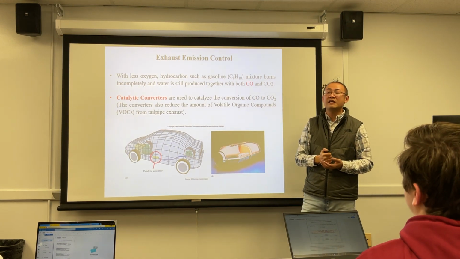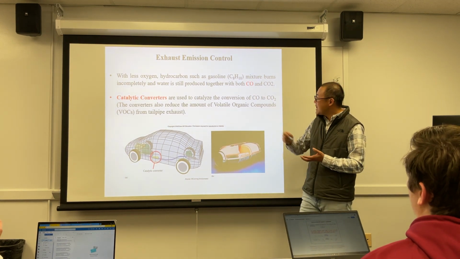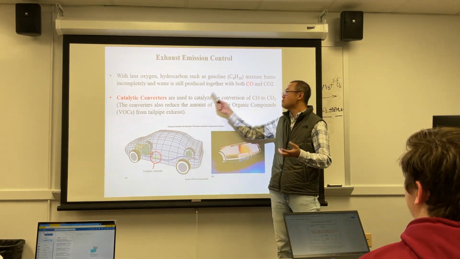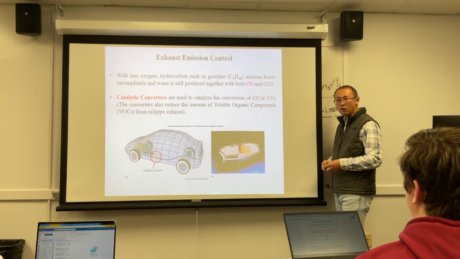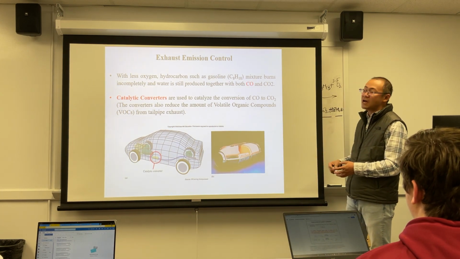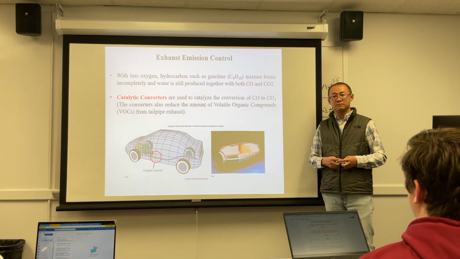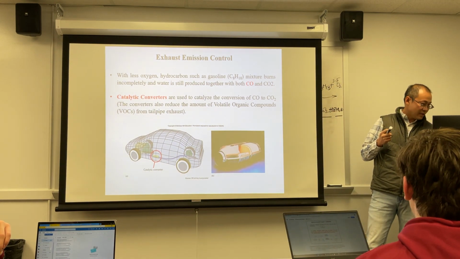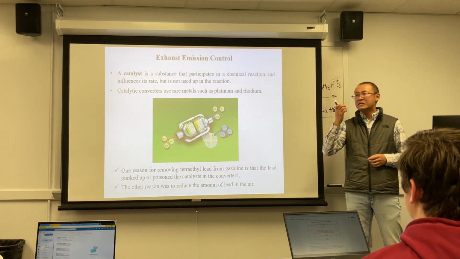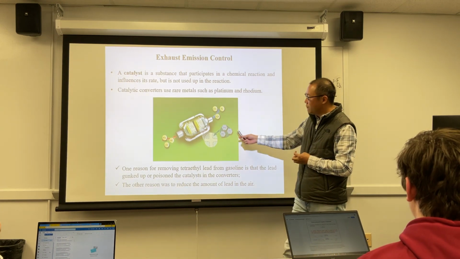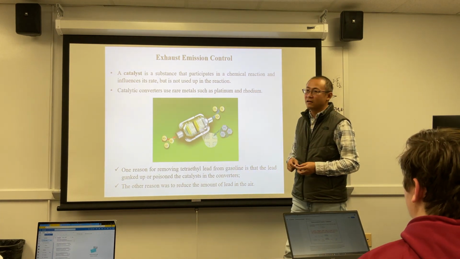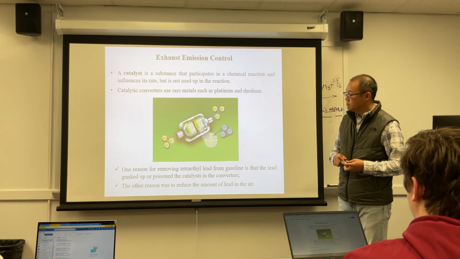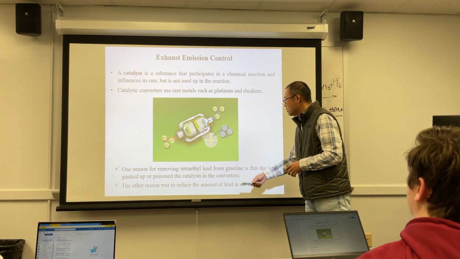So that will help reduce the amount of CO in the air. Besides converting CO to CO2, the catalytic converter can also reduce the amount of volatile organic compounds and sometimes even nitrogen monoxides before exhausting into the atmosphere. Inside the catalytic converter, there are some metal catalysts, including palladium and platinum.